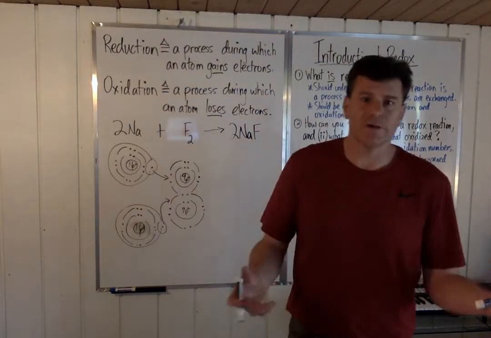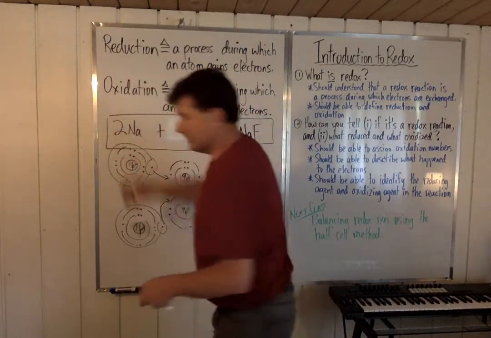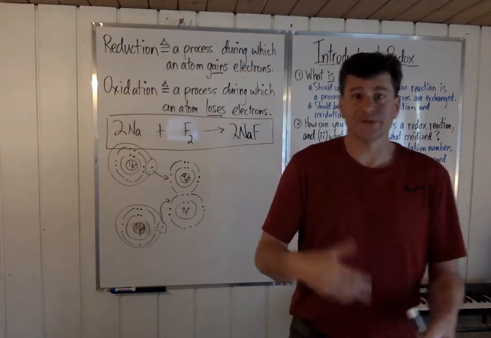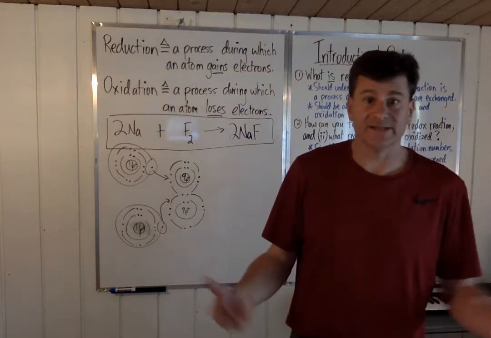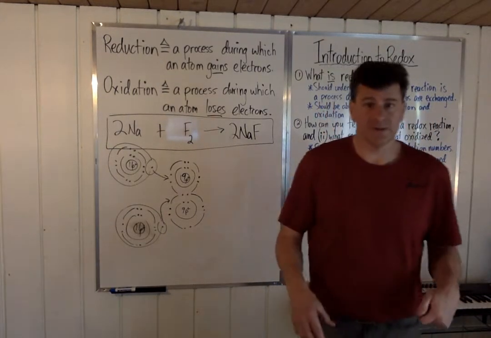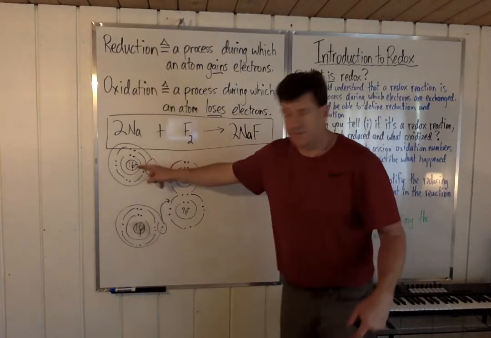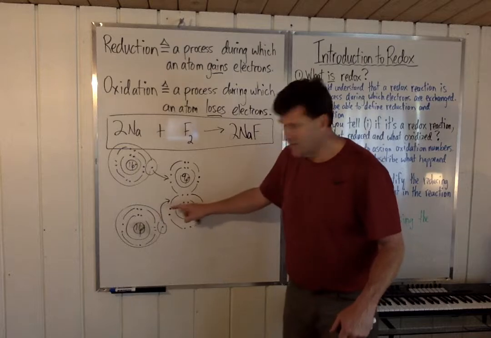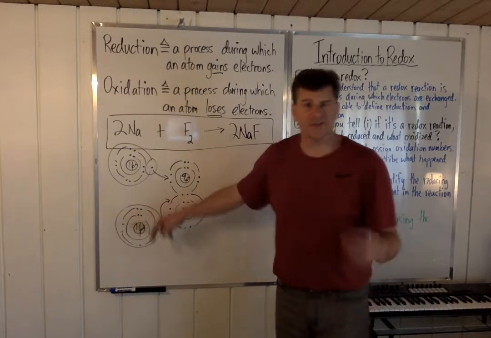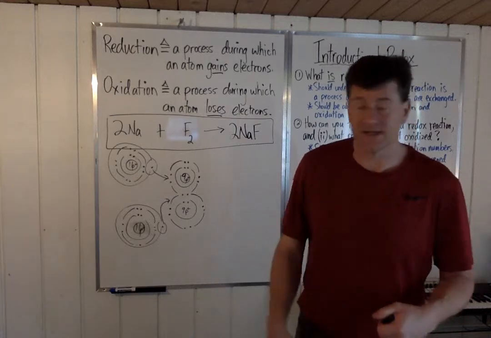And so that's an actual chemical reaction. Like, that's a balanced chemical reaction right there. Two sodiums and a fluorine in its diatomic gaseous form react, they form two molecules of sodium fluoride, because this guy gave up an electron, became Na plus 1. This guy gave up an electron, became Na plus 1. So now there's two Na plus 1s because the sodium oxidized.